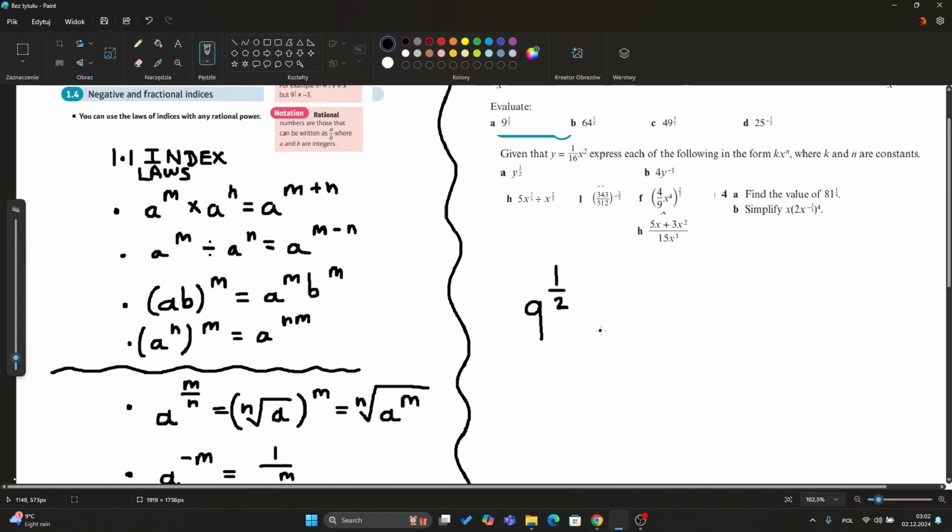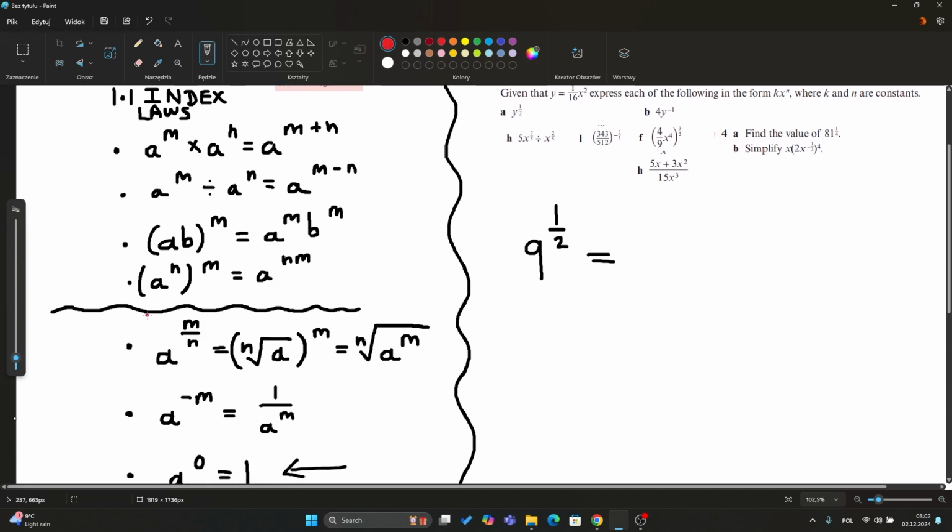Now, evaluating normal numbers, we can solve the following questions. So 9 to the power of a half, we'll be looking at this rule over here, which says that the top is a power and the bottom is a root.